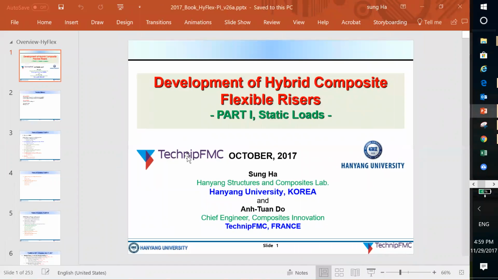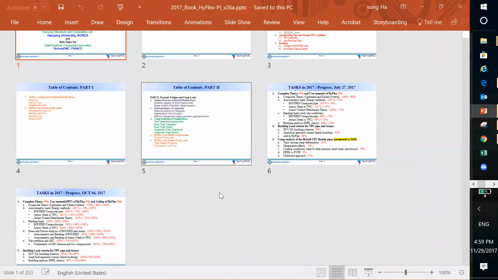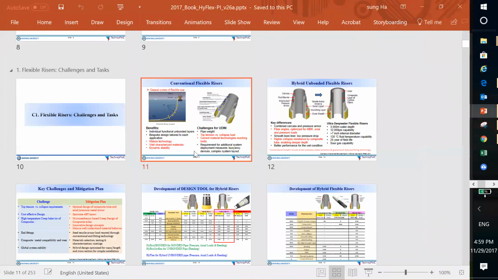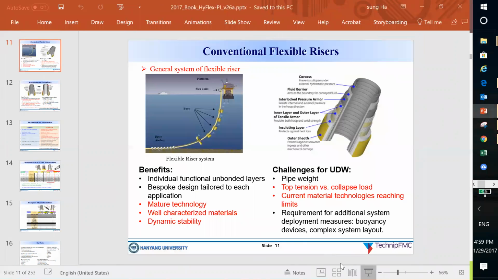This is another French company called Technip. Technip has the longest history in producing a pipe.